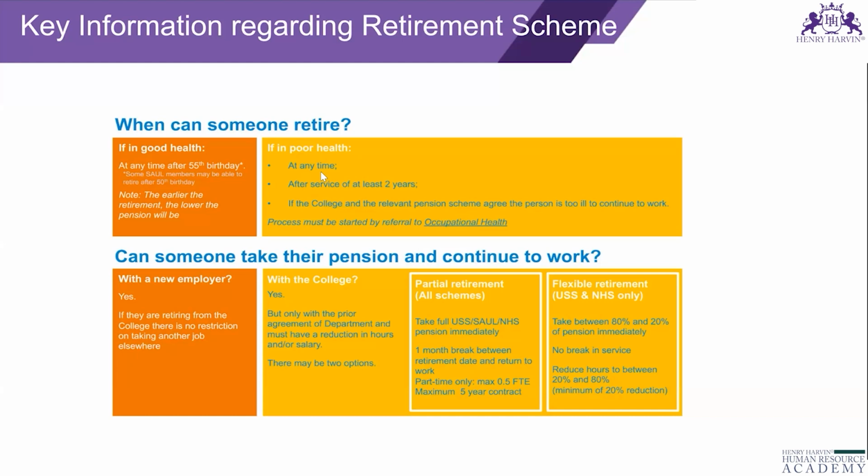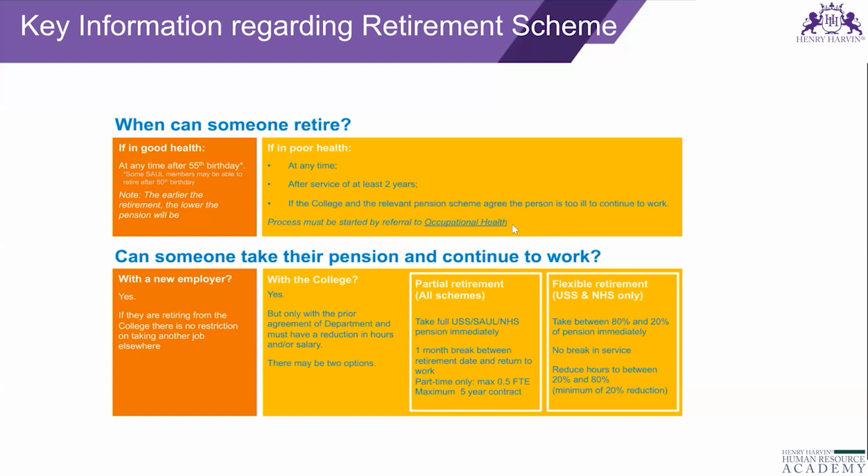After service of at least 2 years they can retire, and whatever amount has been invested, they can take it. If the college and the relevant pension scheme agree the person is too ill to continue to work, the process must be started by referral to occupational health.